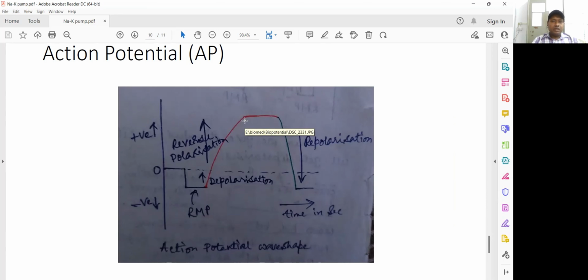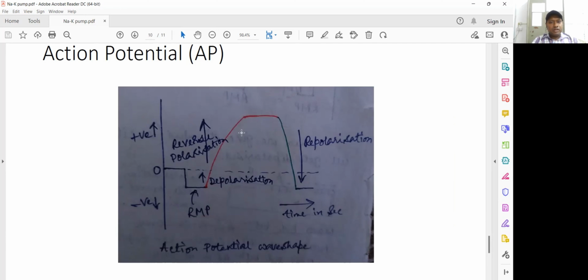We will not call it the RMP right now, it will have another value than RMP. At RMP it was minus 90, but now during reverse polarization it has a positive value, that means greater than zero.